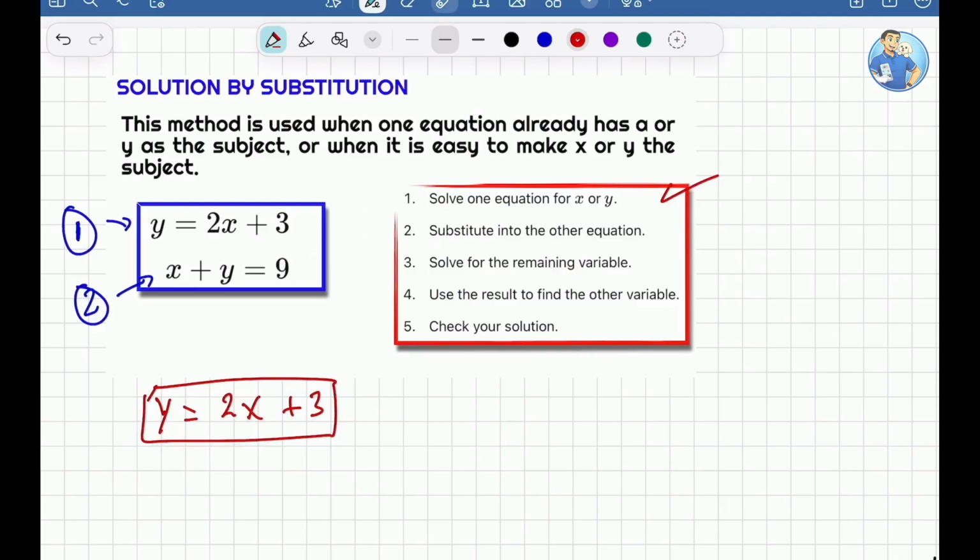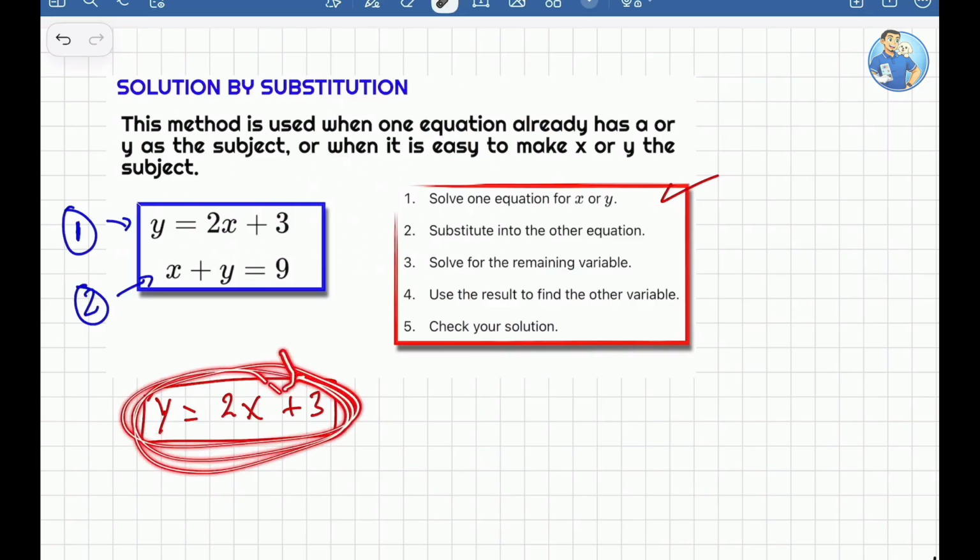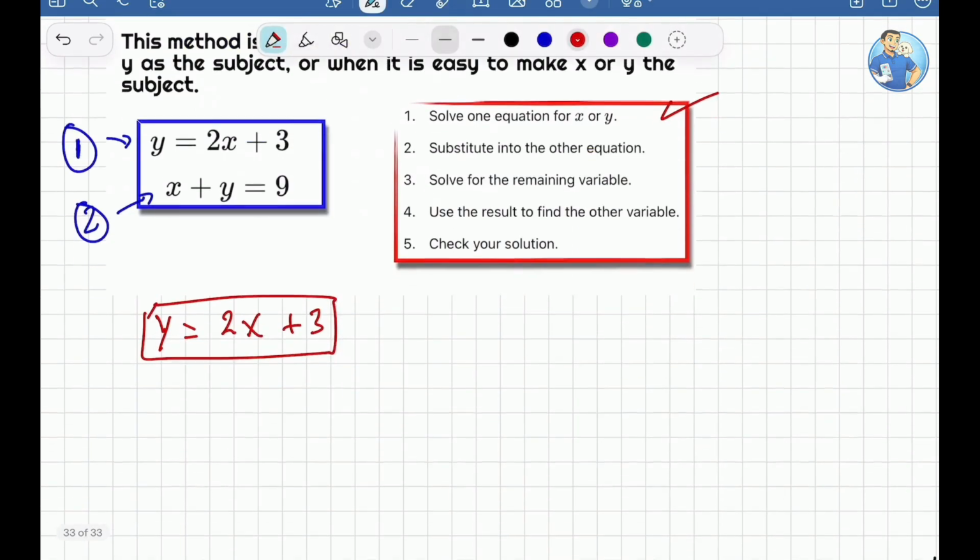Then number 2, substitute into the other equation. If we already used the first one, we are going to take this y, and we are going to use it here in the second equation, the other equation. So pay attention here. This is the substitution way.